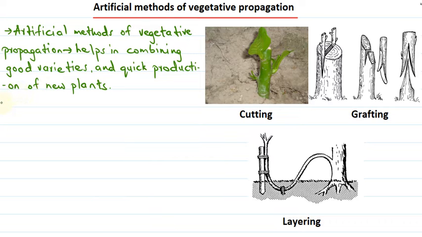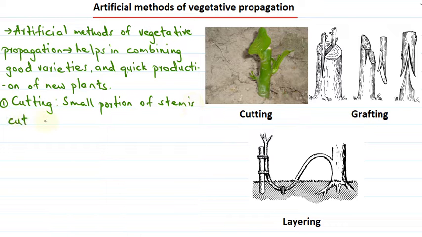Okay. So the first method we would discuss is cutting. What happens here? A small portion of the stem is cut, and after cutting it is placed in soil.